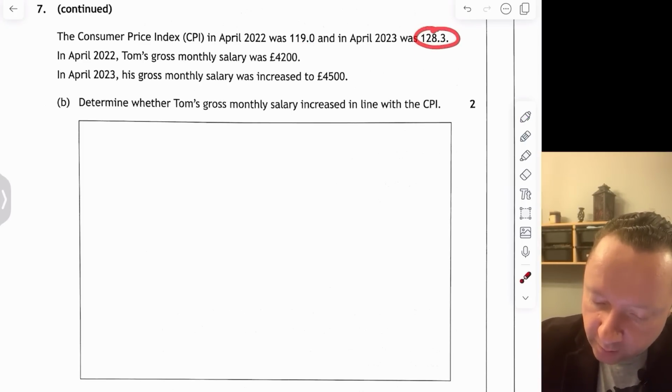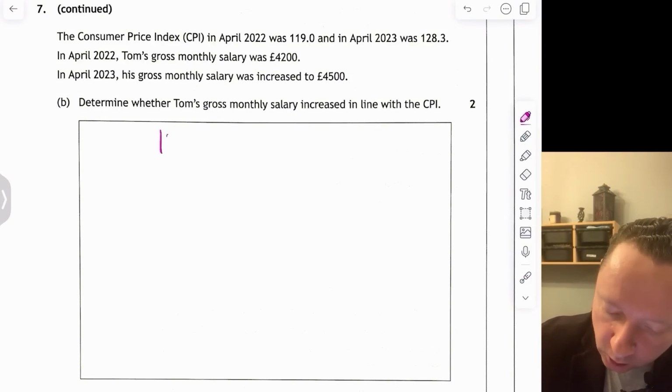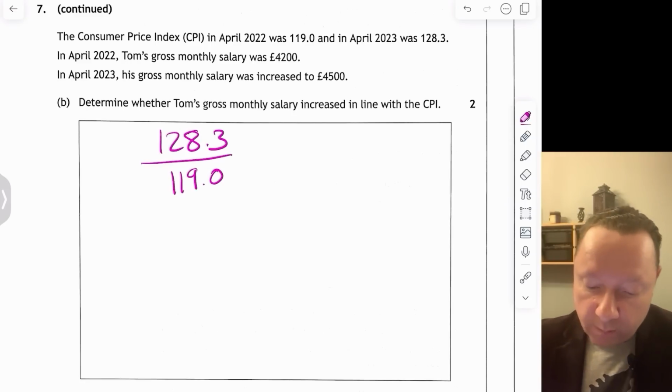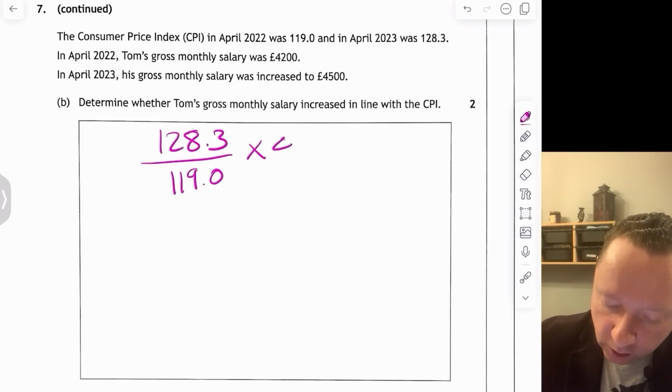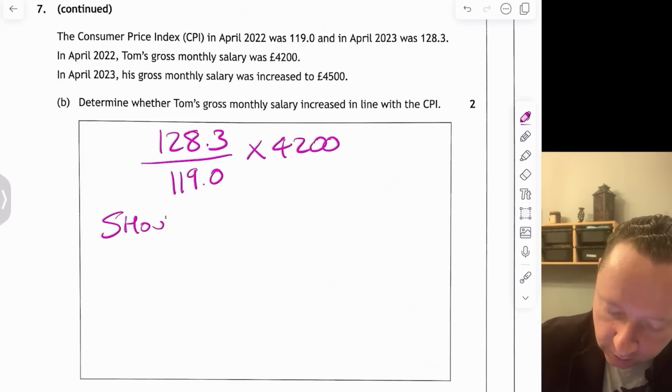So if I do that divided by that, that tells me how much my salary should have multiplied by. So I'm going to do 128.3 divided by 119.0. That's what my salary should have multiplied by. And my salary was 4,200. So I'm going to times by 4,200. And that's what I should have in April 23.